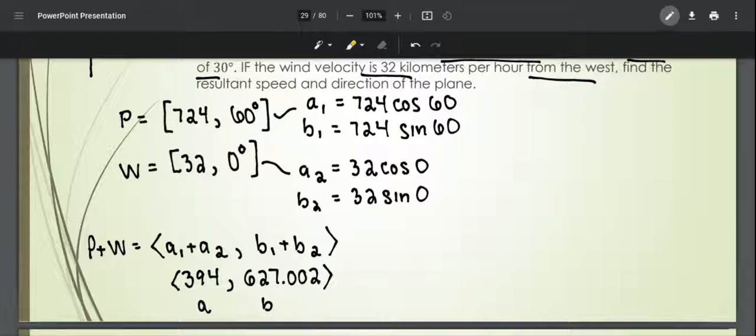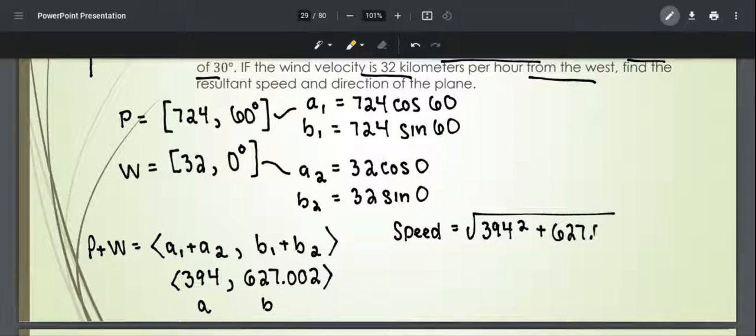Right. So then remember, once you have those two components, you need to find your speed, which is really just your magnitude. So the speed is going to be the square root of A squared plus B squared, or 394 squared plus 627.002 squared.